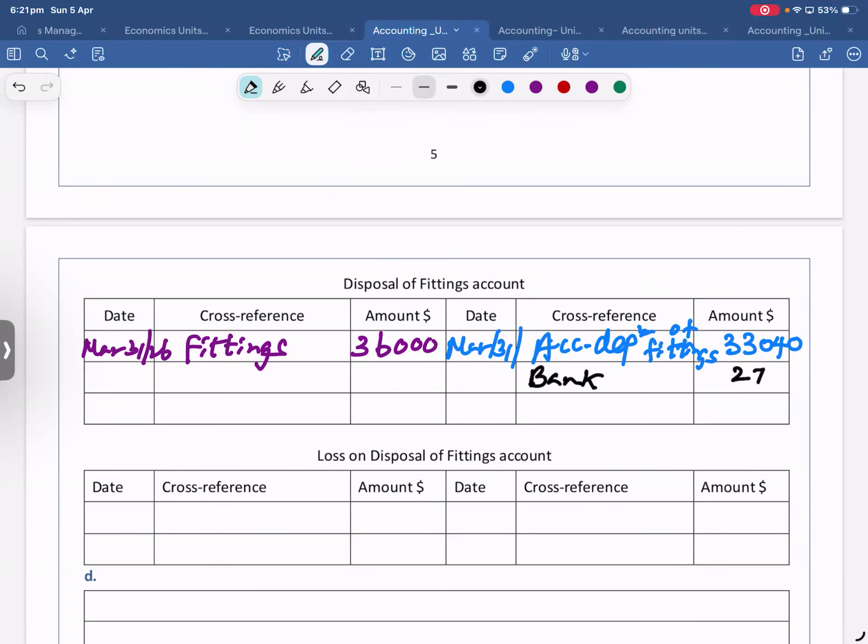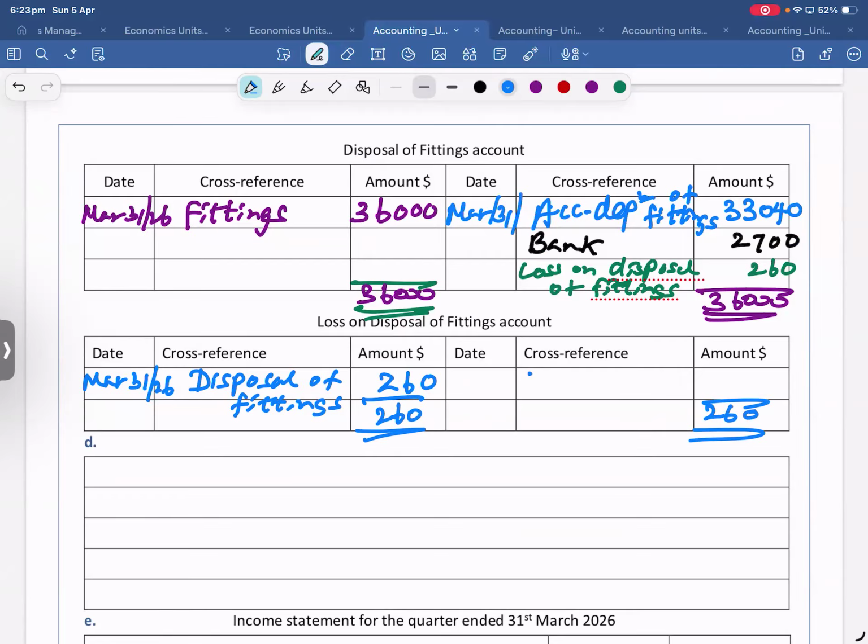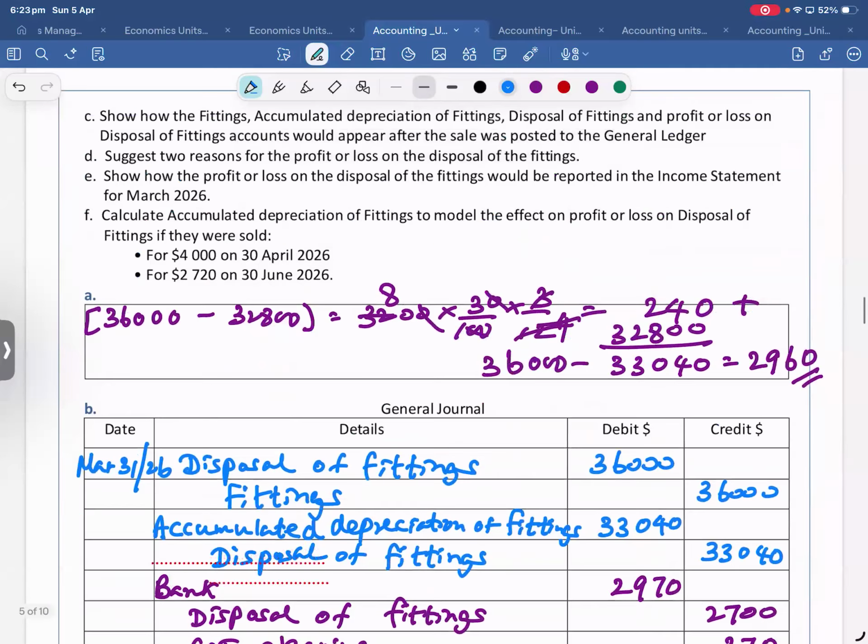And then this one, we can send it to the P&L summary, given that this is the last day of the period, okay? Does it say?